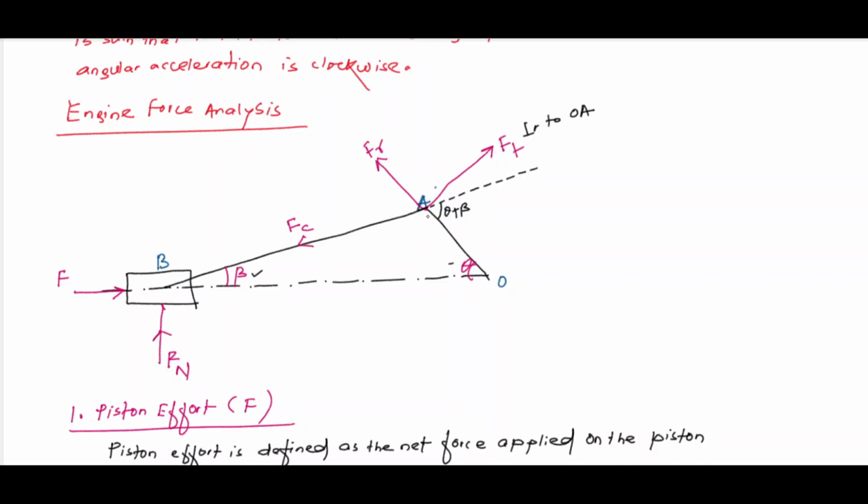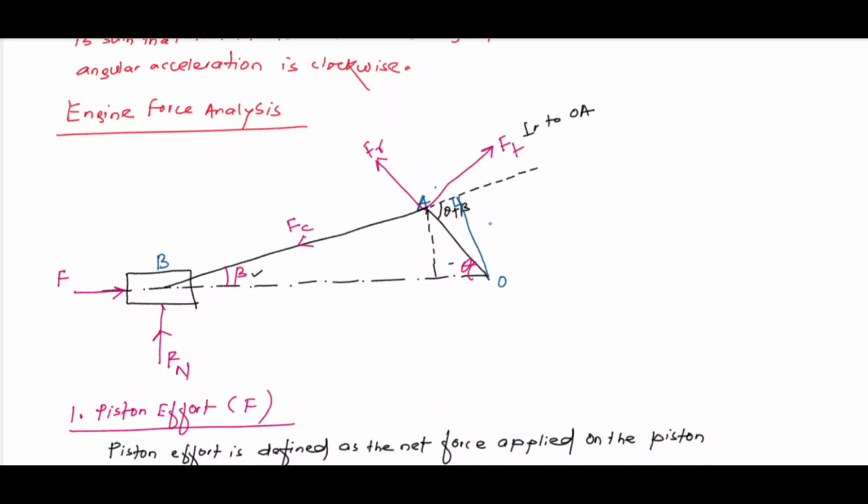Drop a normal to the horizontal dotted line, and drop a normal to this AB, which is normal to the extension line.